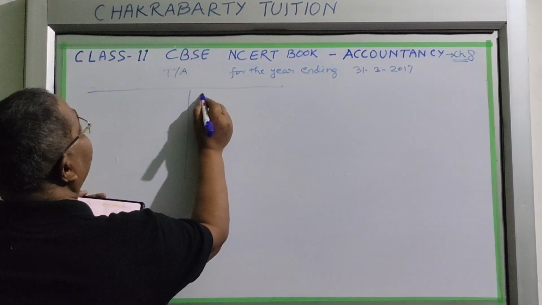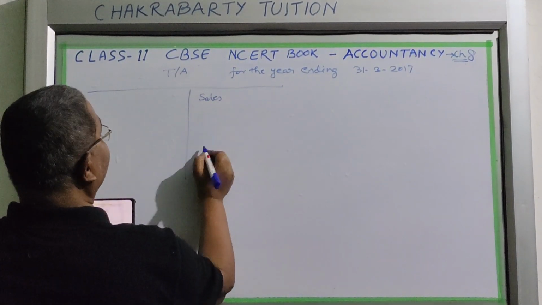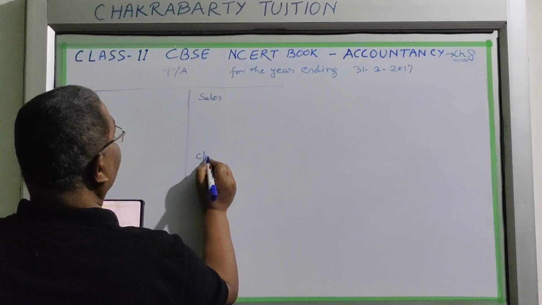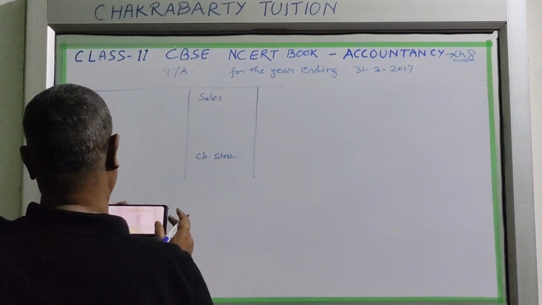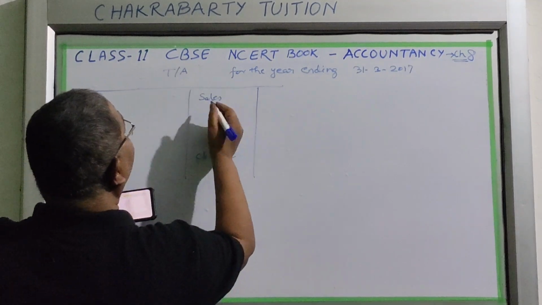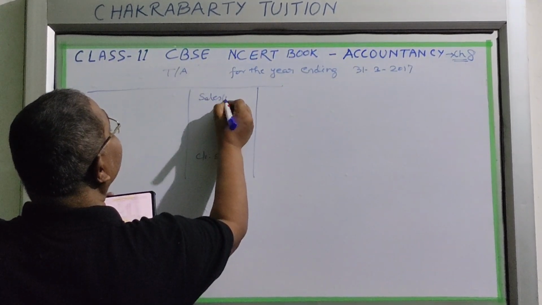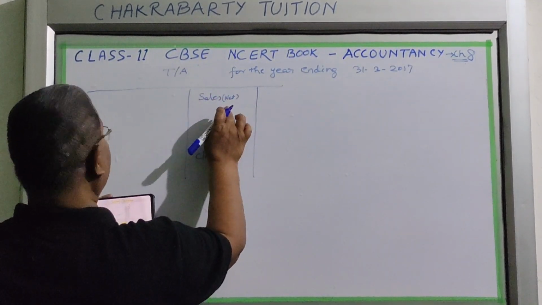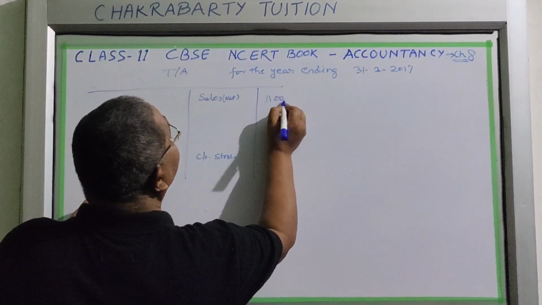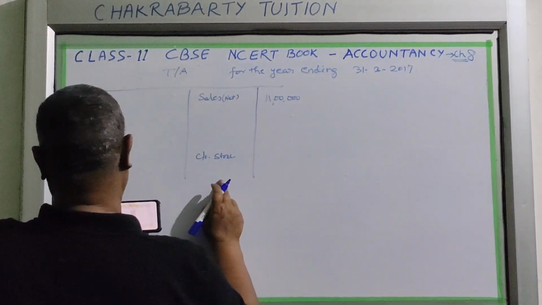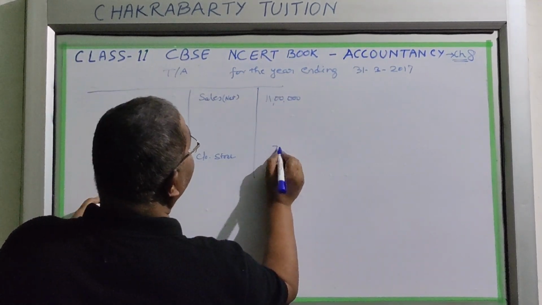Here only 3 items come: sales, less return, and closing stock. Here net sales they have given. If it is net sales, returns will not come. So net sales 11 lakhs, and closing stock is 70,000.